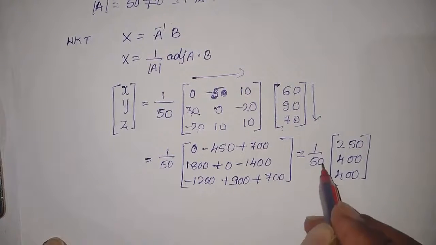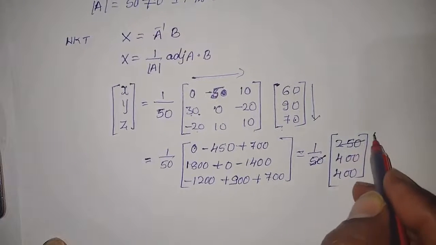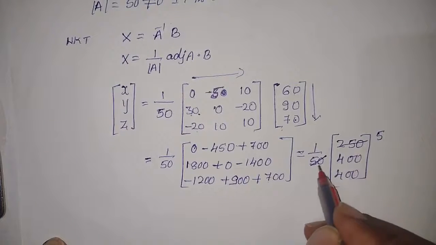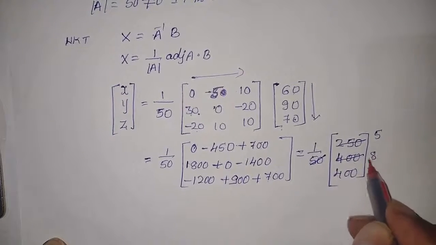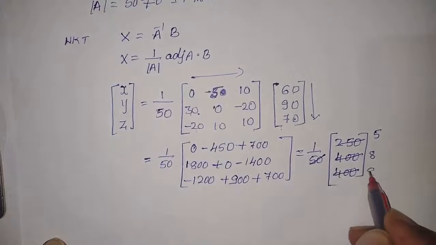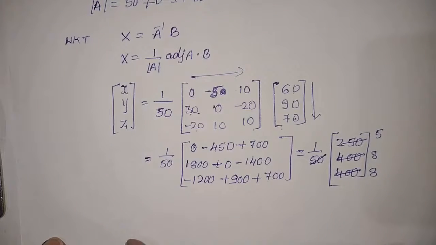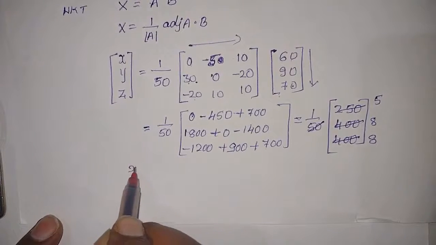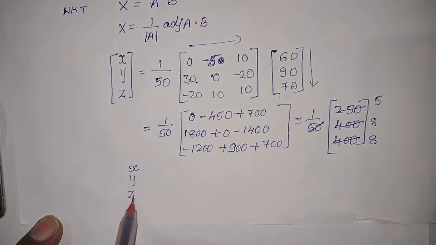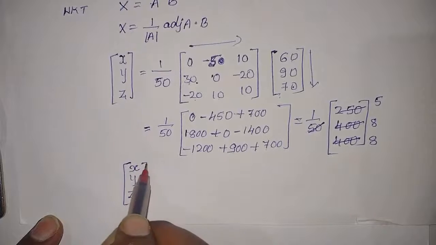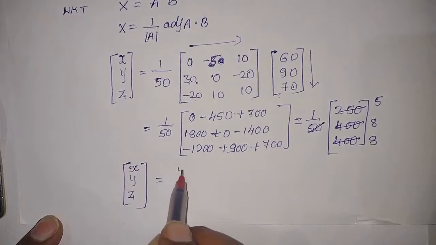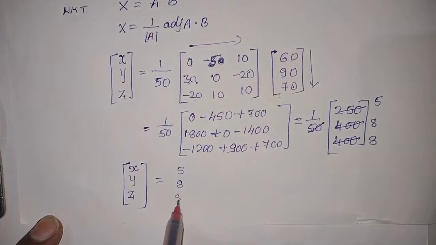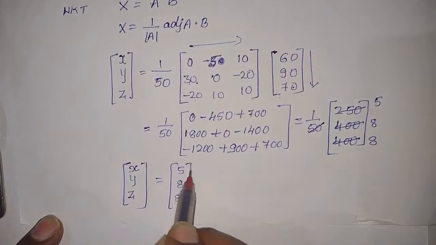Clear? So 50 fives are 250, 50 eights are 400, 50 eights are 400. Therefore x, y and z equals 5, 8, 8. Clear?